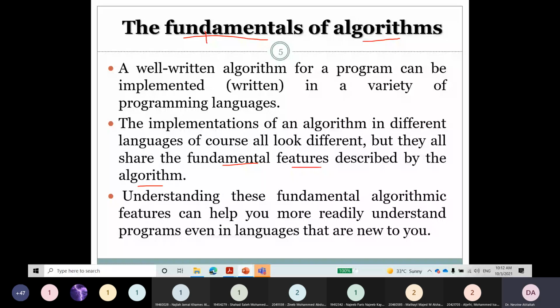When you wake up, when you brush your teeth, when you prepare your breakfast, when you go to your work or to your school, to your university, etc. So these are the everyday algorithms, and those used for programs, for computers. Both have a set of instructions. So we agree that both of them use a set of instructions. There are some steps to follow.